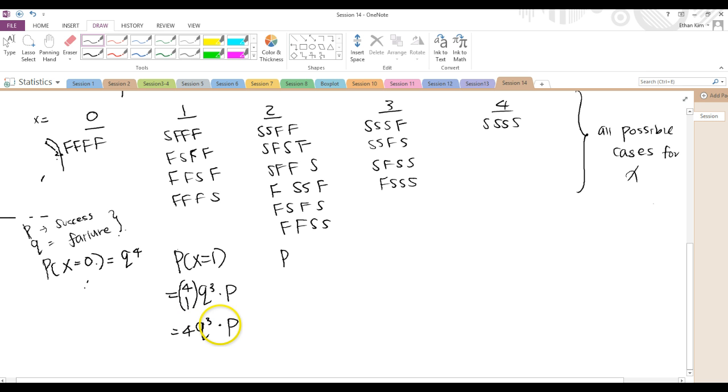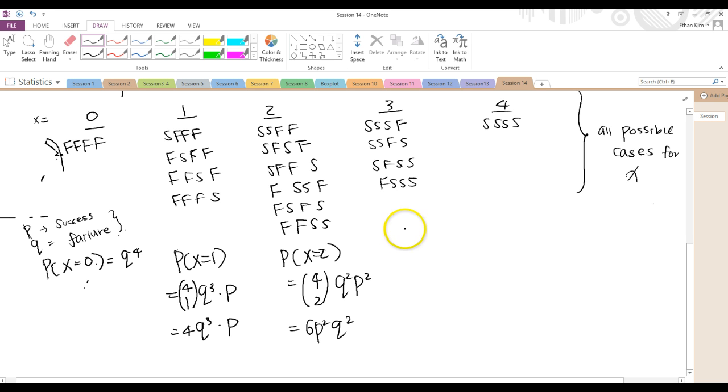Alright, same concept here. When x equals 2, we have Q squared, P squared, but we're choosing 2 out of 4 to be the success, and the rest to be the failure, right? And that's why we get 6 P squared Q squared.